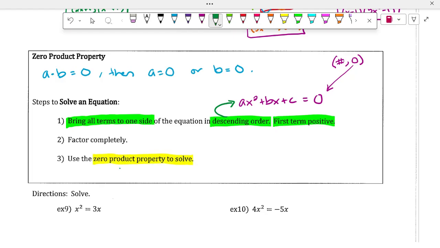In other words, set both factors equal to 0, including a variable GCF. So don't forget to set the variable GCF equal to 0 as well. Now, numerical GCF, don't care. Doesn't affect anything. The variable GCF, however, that is part of the problem.